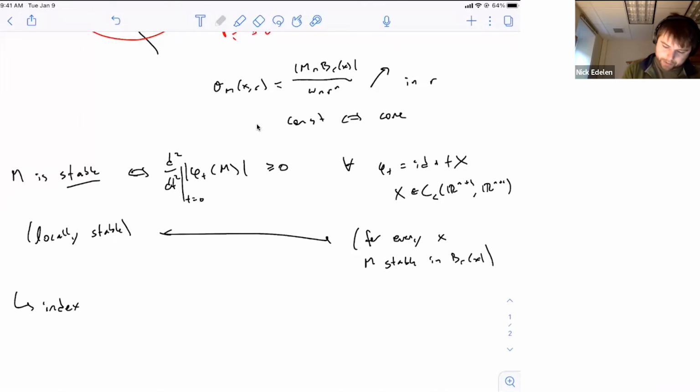So it turns out that this second derivative is a symmetric bilinear form on the space of vector fields on your minimal surface, and so you can talk about its eigenvalues and so on.